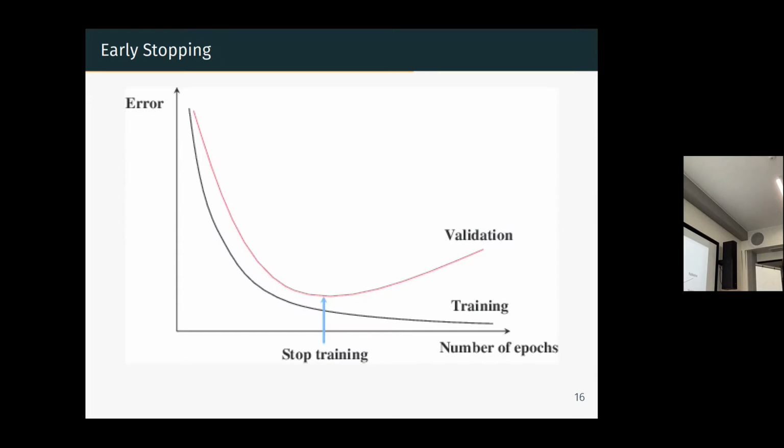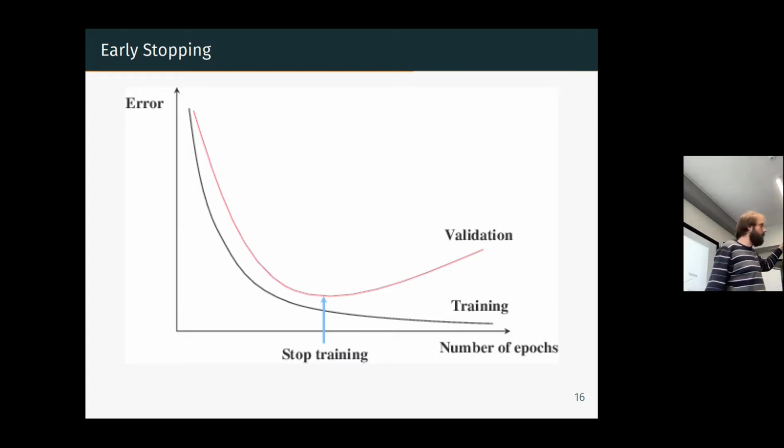Okay, there is another very, very used, and at least always used, regularization technique, which is called early stopping. You see the typical training curve, and I hope you remember what we have seen in the previous example with the TensorFlow playground, that sometimes you have the training error decreasing, but at one point the validation error starts to increase again.